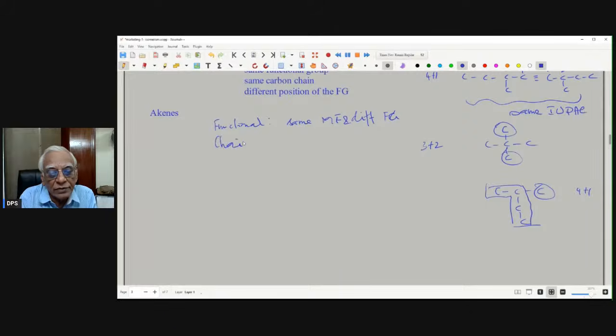Chain isomerism: same molecular formula, same functional group, because if you have different functional groups, they are not isomers at all. So it has to be the same functional group.